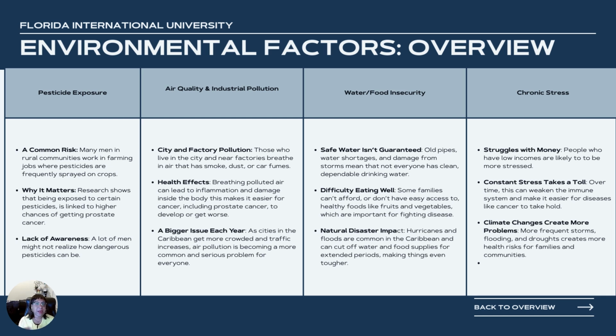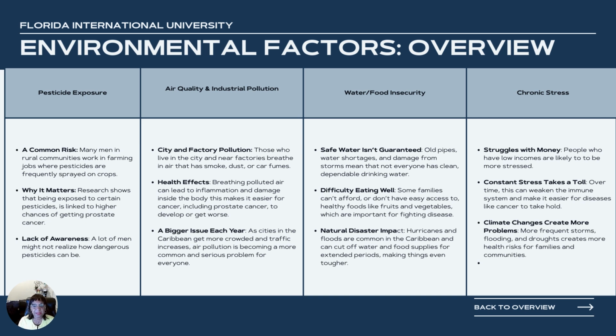Then finally, we have the chronic stress, which is a result of struggles with money. The people who have lower income are more likely to become more stressed. Then we have the constant stress. It takes a toll. So over time, this can weaken the immune system, and it can easily lead to diseases like cancer, and in this case, prostate cancer.